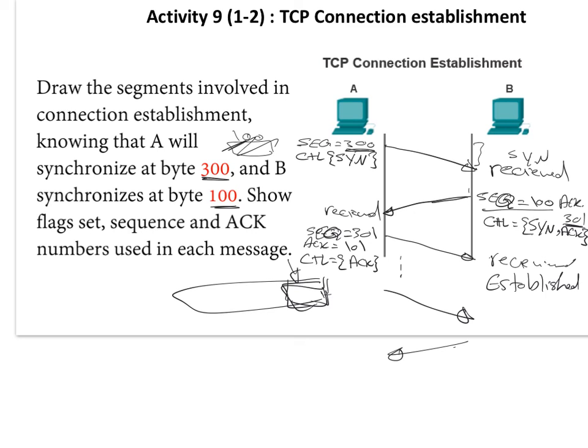In that case, you need to set a sequence number, and the acknowledgement number could be 0. You set the acknowledgement flag to 0 to indicate that there's no acknowledgement in this segment. If you want to send a segment and say that there is an acknowledgement in it, then you have to set the acknowledgement flag to 1. Okay?